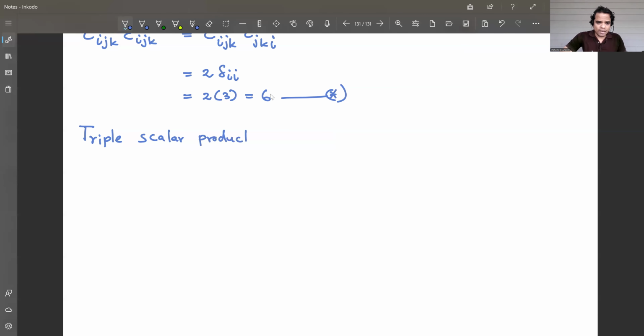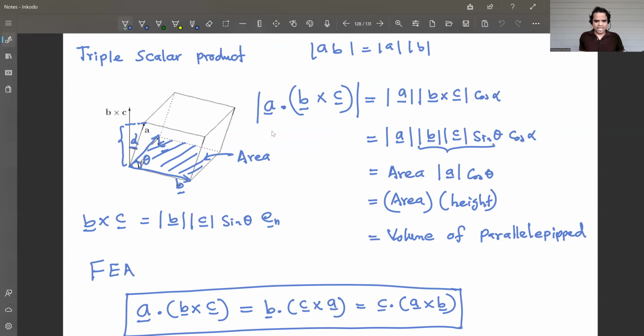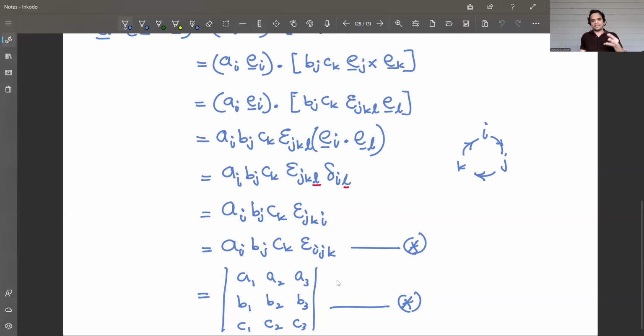You remember we discussed the triple scalar product in index notation, that means A_i, B_j, C_k, epsilon IJK. This is our triple scalar product. You remember, it will be in the lecture notes. Here you see this relationship.